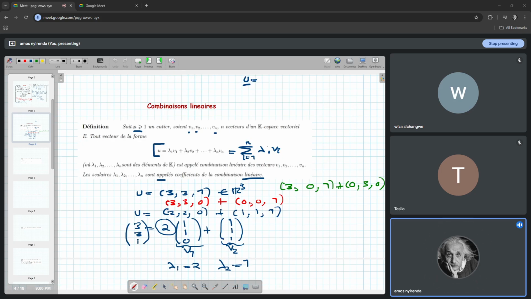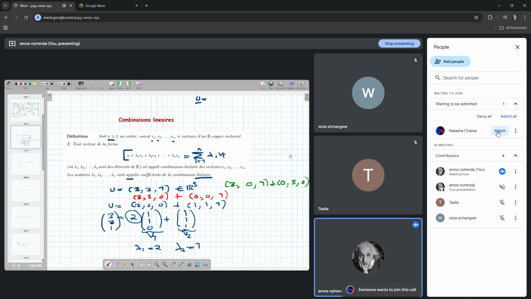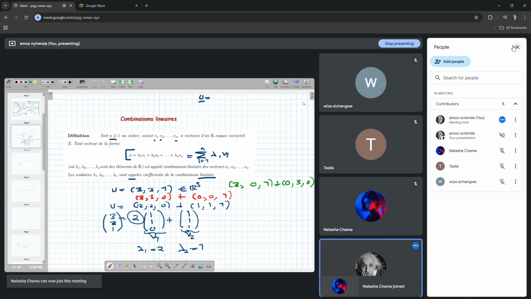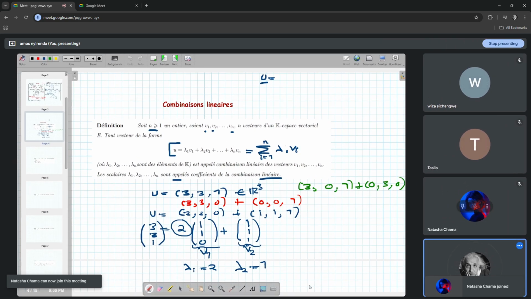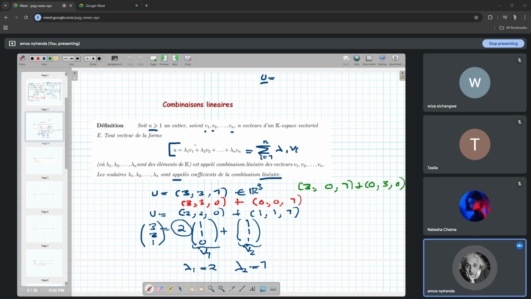Here, look, we are saying n is greater than or equal to 1. Back to the board. Now let's look at what happens when n is equal to 1.